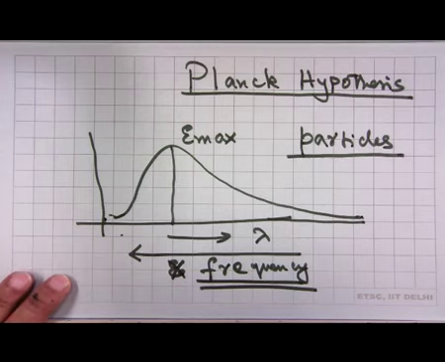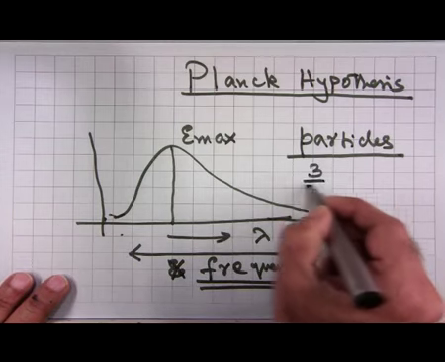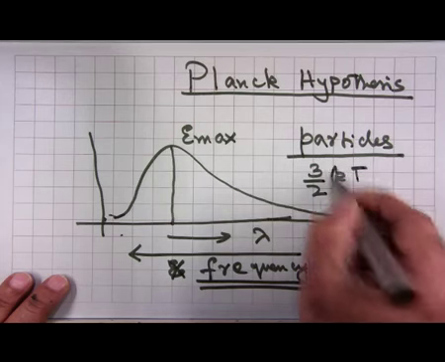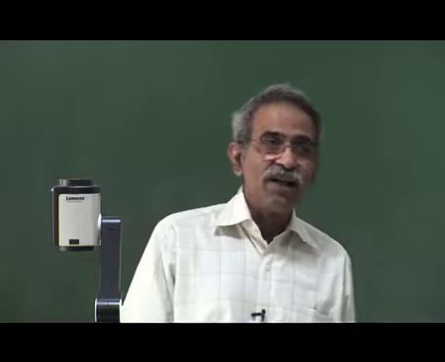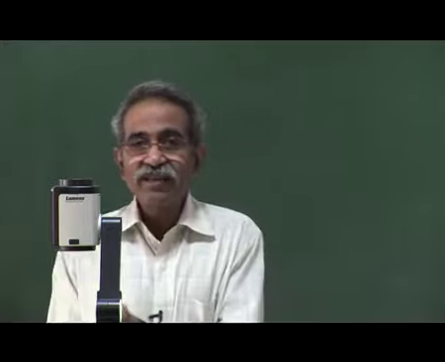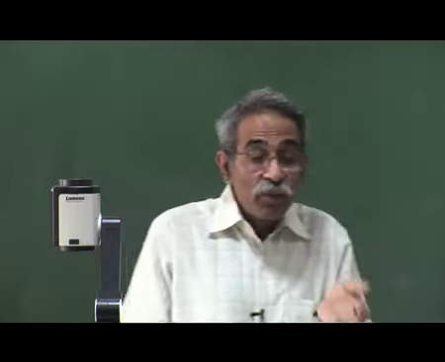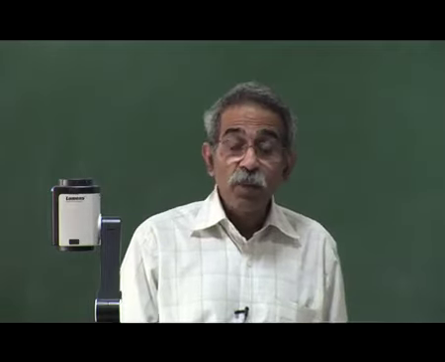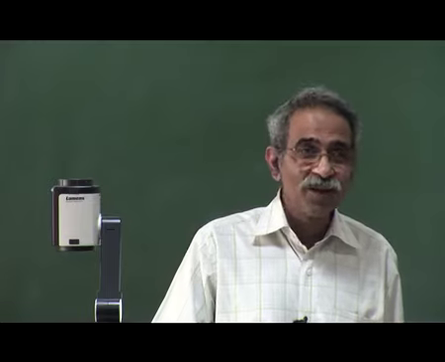And this is not surprising from the viewpoint of particles at all, because equipartition energy tells me the mean energy is 3/2 kT, but at any given temperature, if you go to very, very small energies, the probability is 0. If you go to very, very high energies, the probability is also 0. Why is that so? If you are boiling water, the probability of a water molecule at rest is 0.